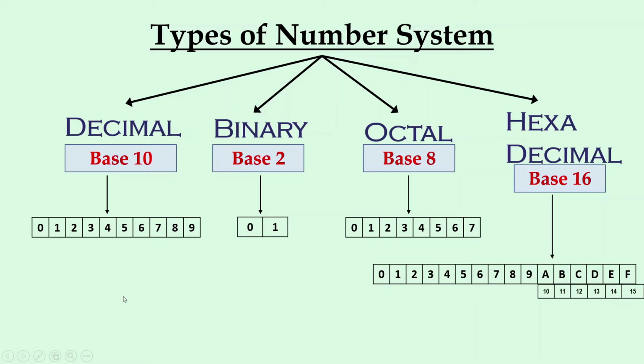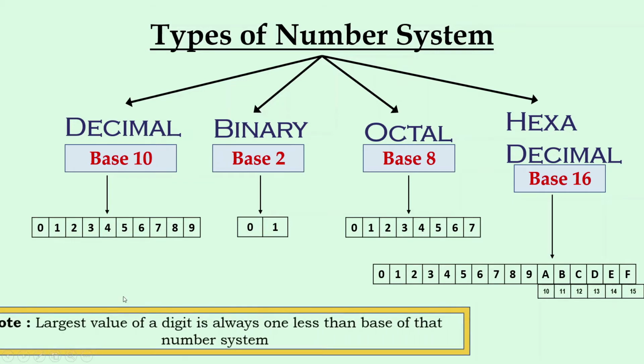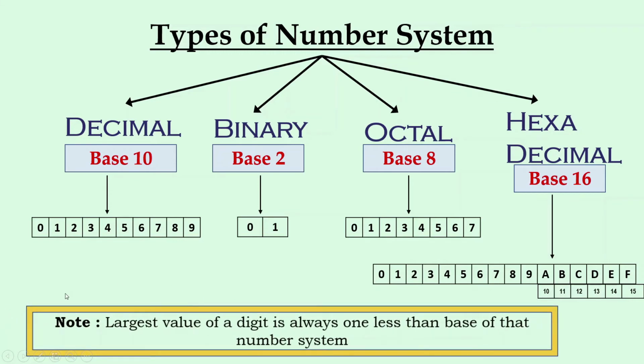Now the important part is that the largest value of a digit is always 1 less than the base of that number system. For decimal, the base is 10 and the note indicates that the largest value is 1 less than base. So 1 less than 10 is 9. For binary, the largest value will be 2 minus 1, which is 1.